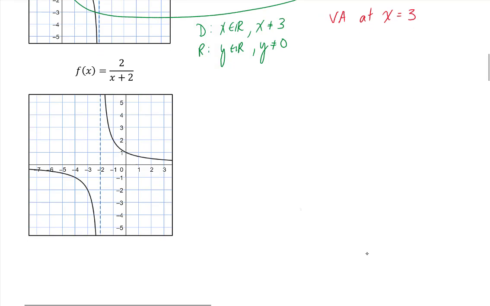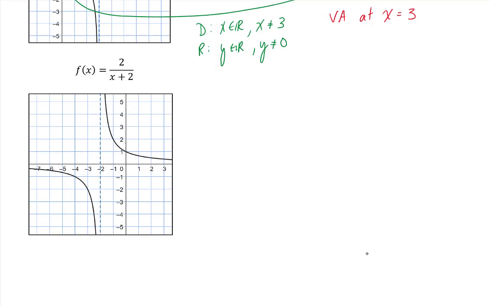Second example. Again, we're going to show that there are no zeros. You can solve for the y-intercept and you'll end up with 0 and 1. f of x is a function since it passes the vertical line test. You can show that the domain is x is any real number, however x cannot equal negative 2, and the range is y is any real number and y cannot equal 0.